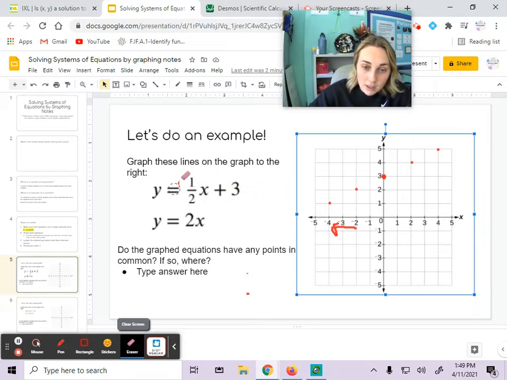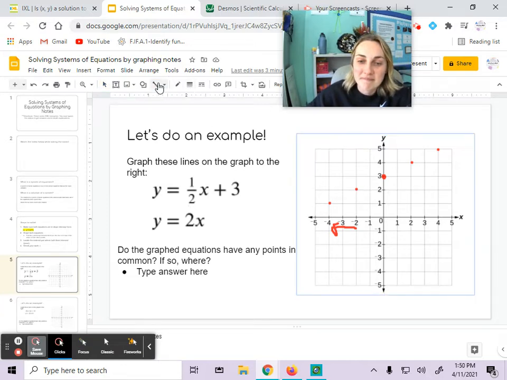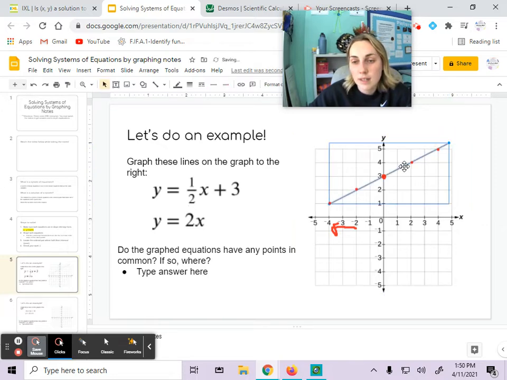So to make my line, you're going to click line. And you're going to click the last ordered pair right here, -4, 1. Sorry, -4, 1, my bad. X value comes first, Y value second.